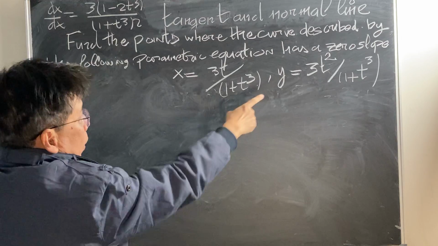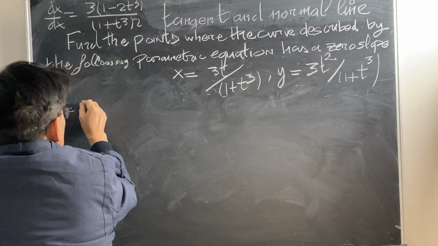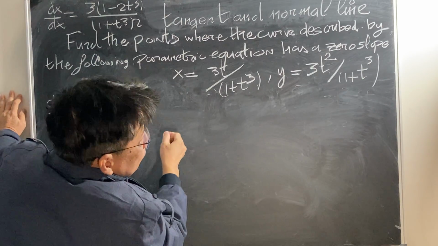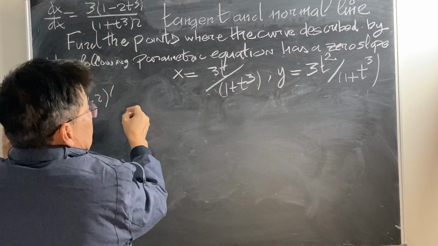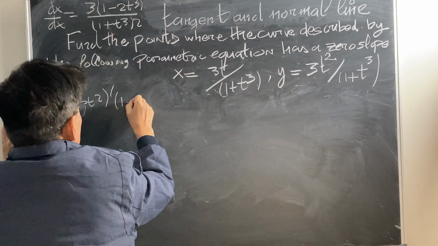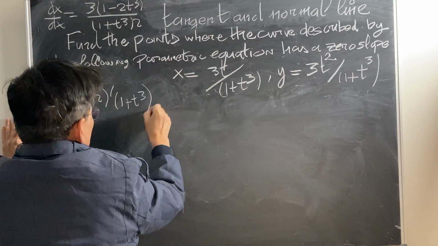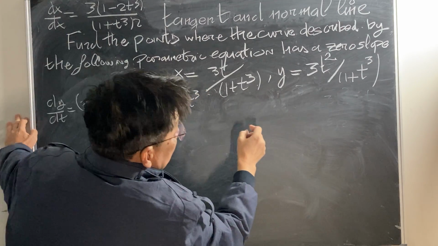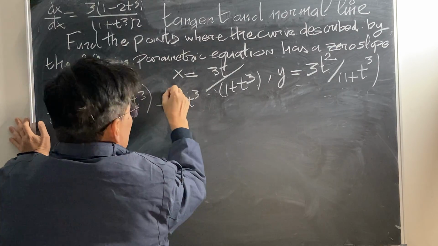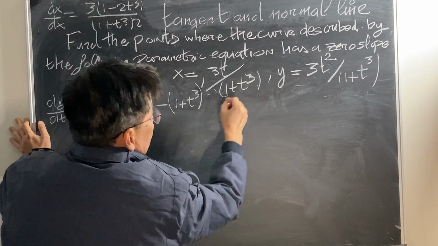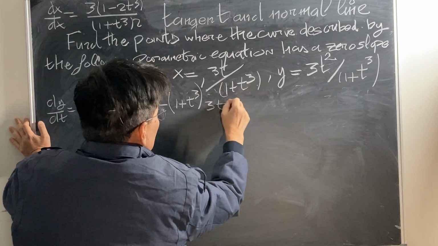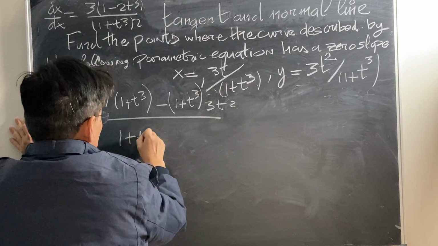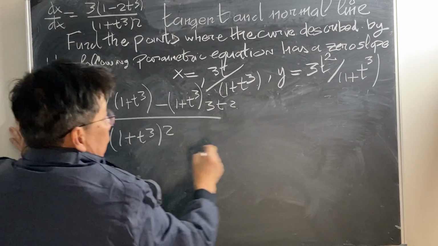Okay, dy over dt equals the derivative of 3t squared times 1 plus t cubed, minus 1 plus t cubed derivative times 3t squared, divided by 1 plus t cubed the whole thing squared.